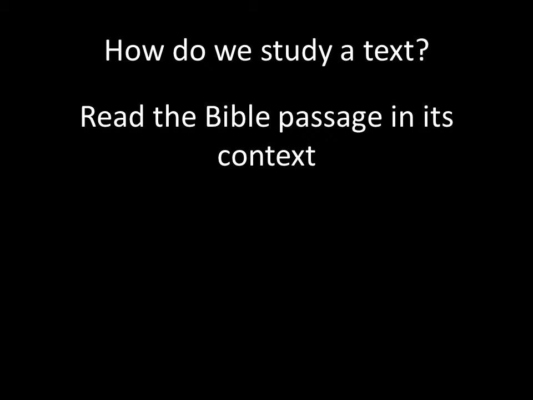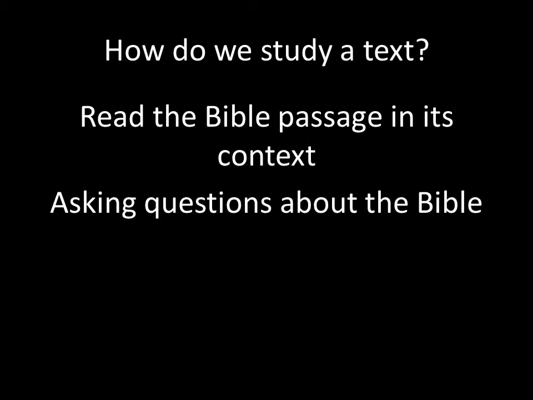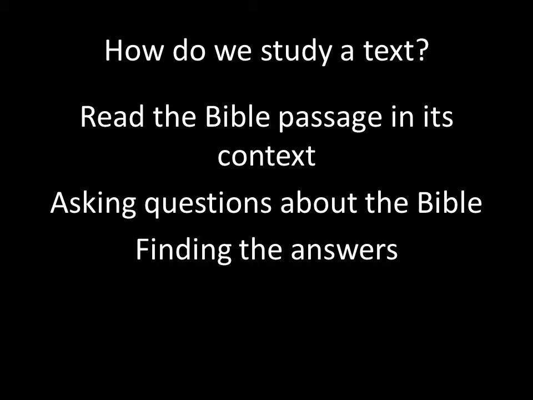Step one is discovering the ancient text. How do we study a text? First of all, we read the Bible passage in its context, preferably in several different translations. Second, we ask questions about the Bible passage, and we find the answers.